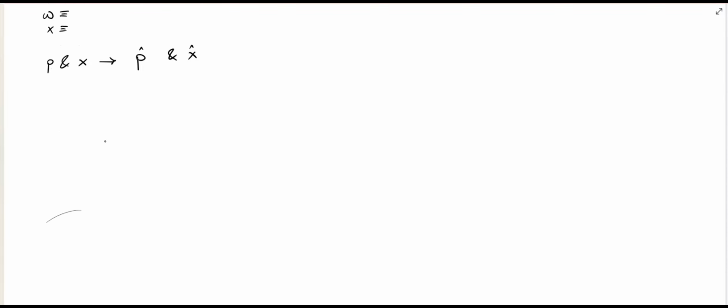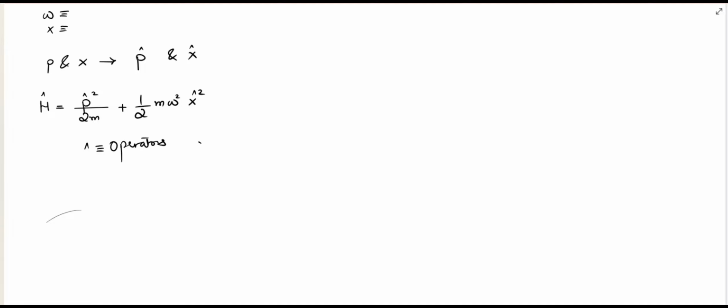So, the energy of the quantized harmonic oscillator, that is a quantum harmonic oscillator, is given by p cap squared by 2m plus half m omega squared x cap squared, where this cap denotes that these p and x are no longer scalar physical variables but are what are called operators.